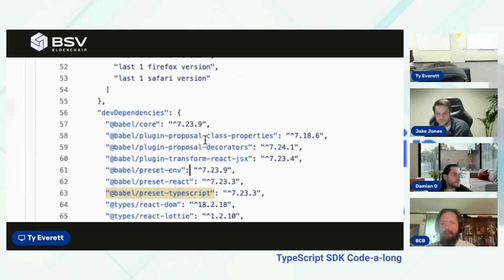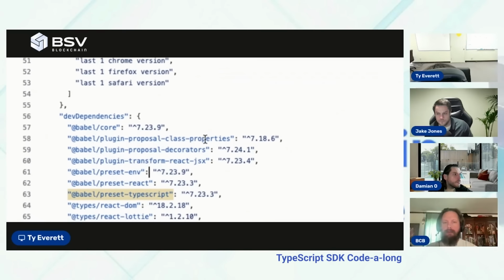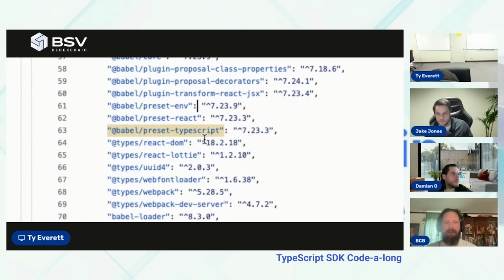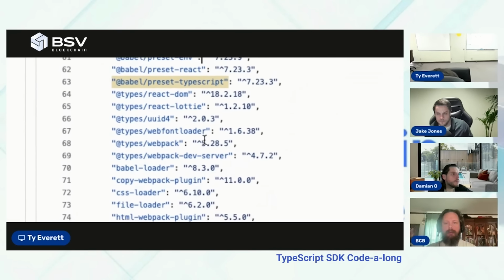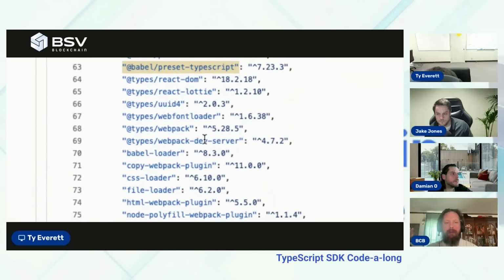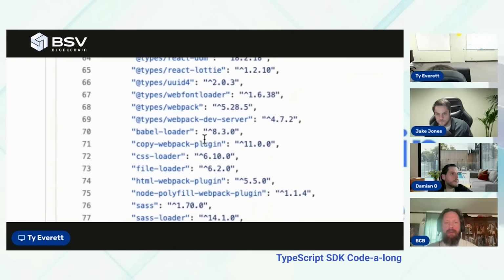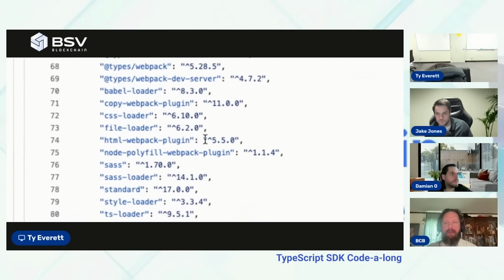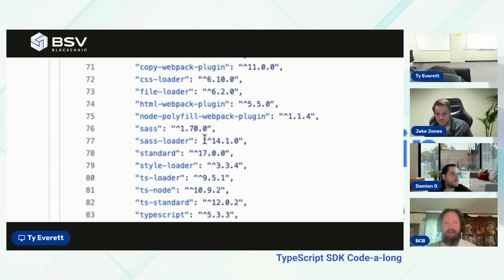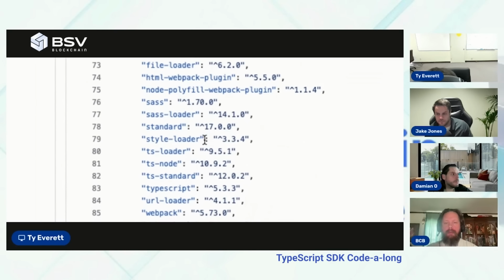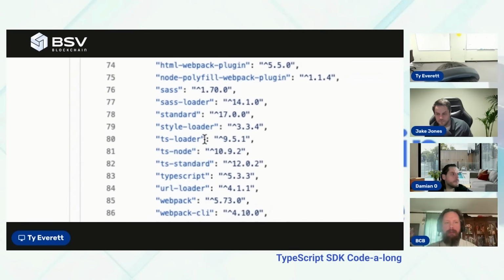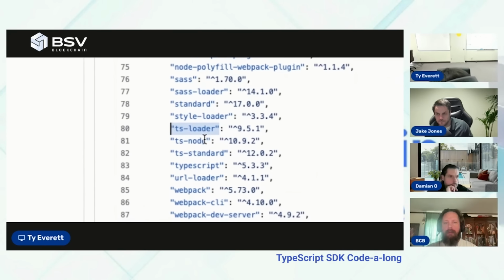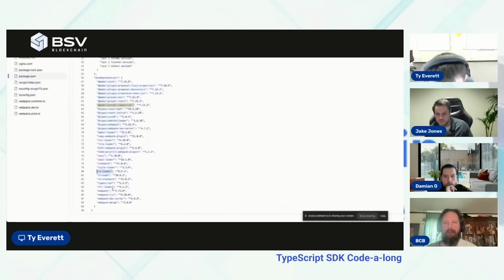I don't think we need decorators or class properties, but we may need ts-loader. That probably sounds like the right thing. I think we'll need that. ts-loader. So that would probably.